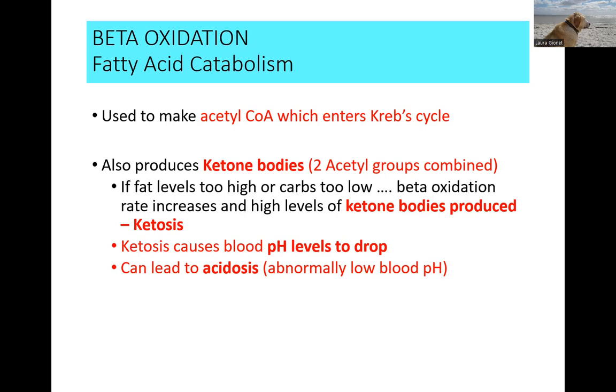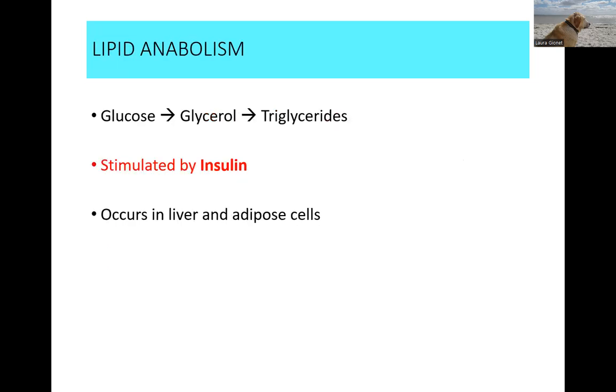And the more acids you produce, we said that acids break apart and liberate hydrogen ions, which increases your hydrogen ion concentration. It does what to pH? It decreases your pH. So it can lead to what's called ketoacidosis, a type of metabolic acidosis. It's not good. You don't want that.